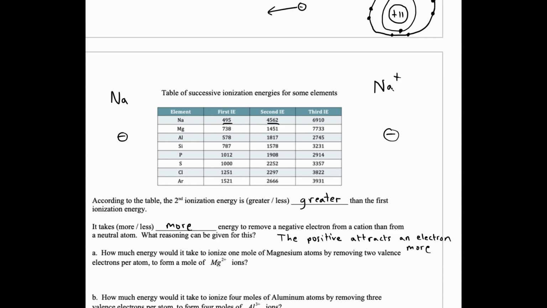Well, we know that the sodium ion's charge would be +11 -10, because it has 10 electrons, which leaves it positively charged with a +1 charge. But sodium itself would actually be neutral. And so if you're neutral, then you're not going to be as attractive to an electron as if you're positive, is the idea.